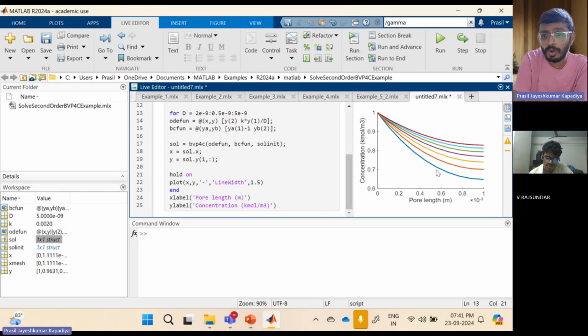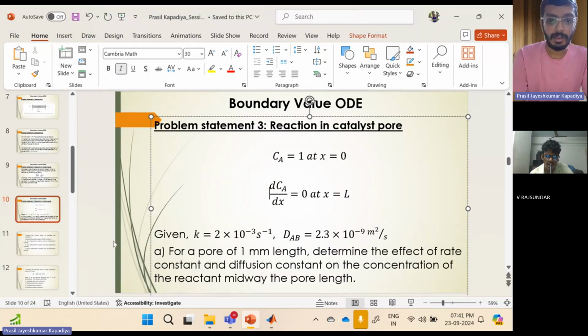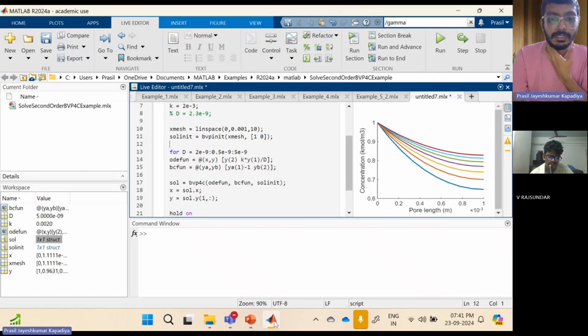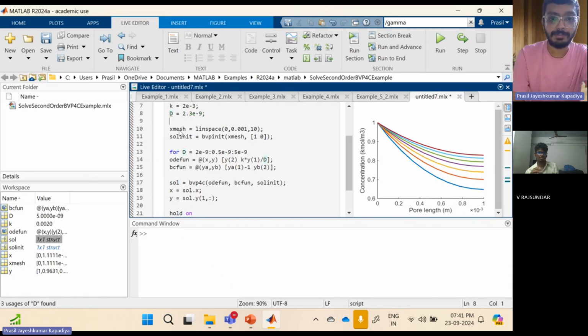Here there is one more curvature, but here the curvature is less. So here we can also see the effect of diffusivity with pore length. This is what we have done: we saw the effect of both diffusivity and rate constant on this particular problem. So let me just save this problem.